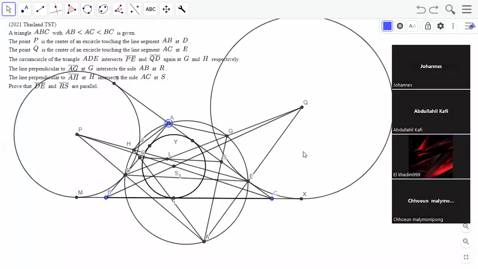So yeah, what's a good way to show that? Maybe we could define L to be the foot of the altitude from A, and then we could try to show those collinearities.